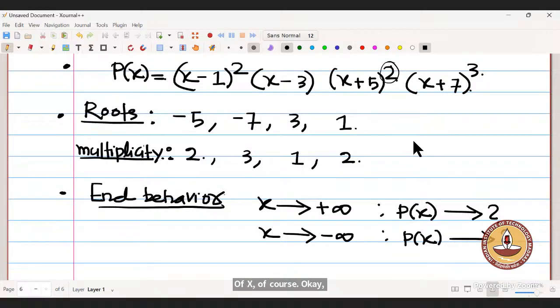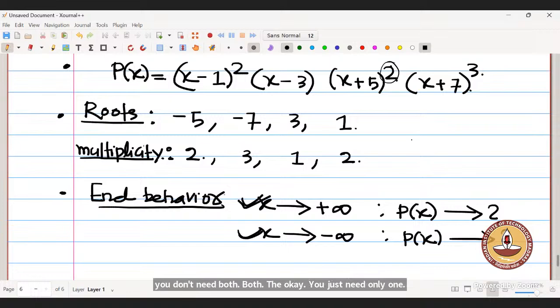To draw the graph, you need the end behavior on only one side. Either you know this one, or you need that one. You don't need both. If you know the behavior of the polynomial on one side, that is enough.